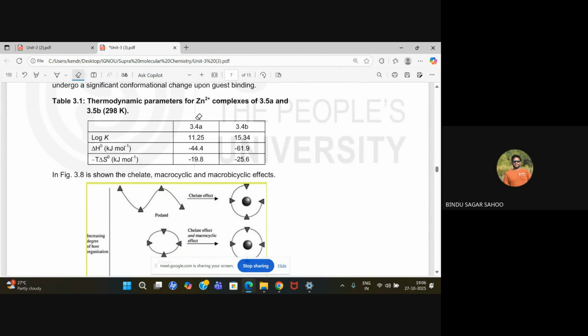In case of 3.5A, the log K value will be less. In case of the macrocyclic complex, the log K value will be more.